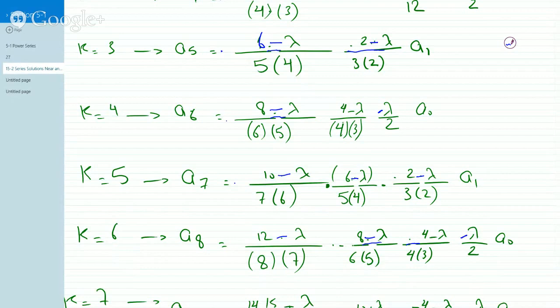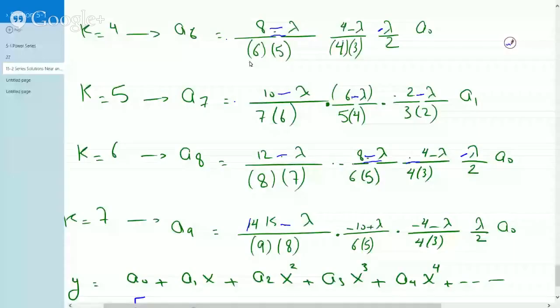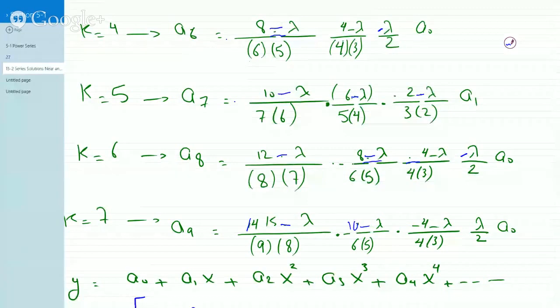And then this is 4, and this is 10 lambda, minus lambda, and this is minus lambda over 2.